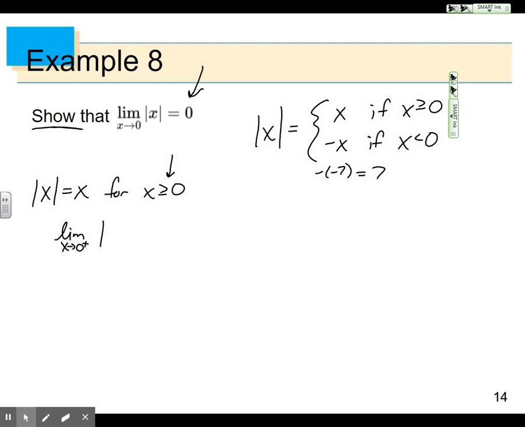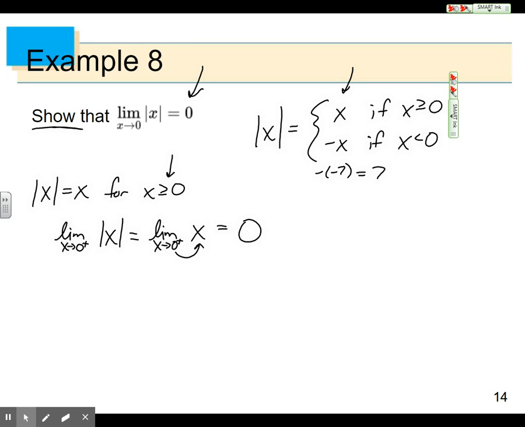If I'm taking the limit as x approaches 0 from the right of the absolute value of x, then it's going to follow the top piece, the limit as x approaches 0 from the right of just x. Well, this is just a well-behaved function. I can just plug in 0 into this, and I get 0. That's not enough, though. In order to show it in a proof, I need to show that the left-hand limit and the right-hand limit both equal 0.